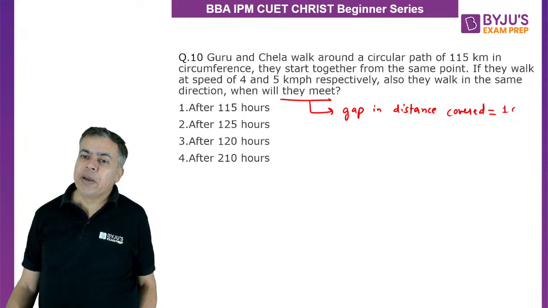This can be 1 circle, this can be 2 circles, this can be 3 circles. That means integer number of circles.